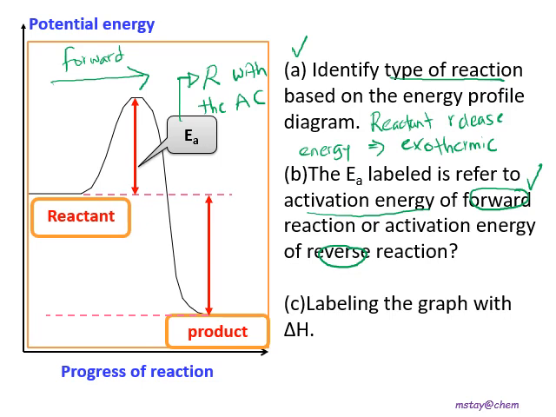So how do we identify the reverse activation energy? Like we just mentioned, activation energy is basically the distance between the reactant and the activated complex. Reverse means that we are going to move from the right to the left. So in this case, the product will become the reactant, and the peak here, the highest energy, is still the same.